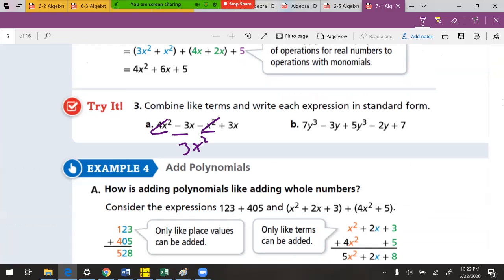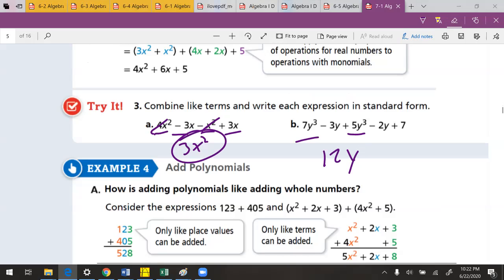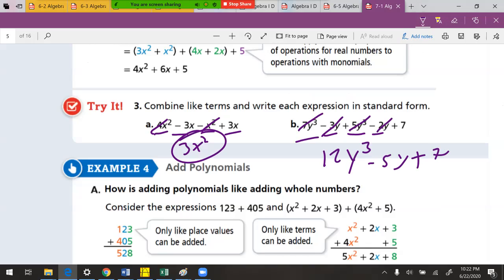That's gone. This and this cancels to 0. We're done. How about 12y squared. Or, well, not squared, but cubed. Let's erase this. Let's make it cubed. Now the next one, negative 5y, and then plus 7. Notice how I don't add degrees. I only add the numbers next to them. That's important.